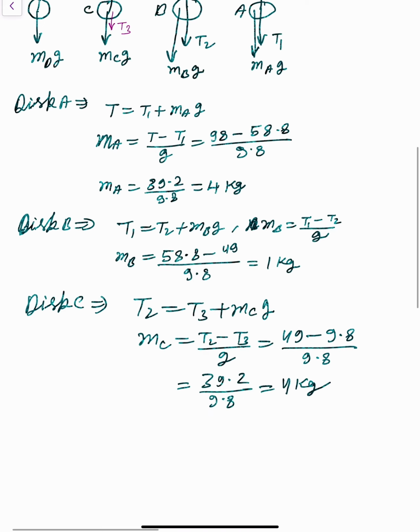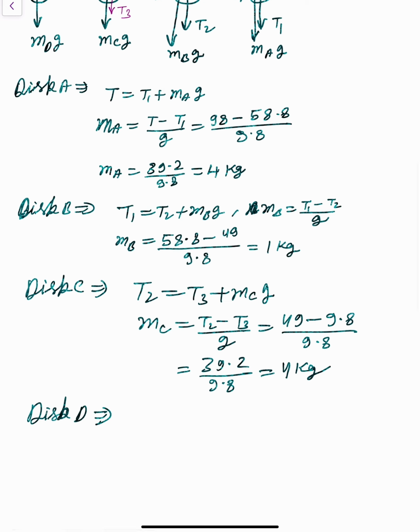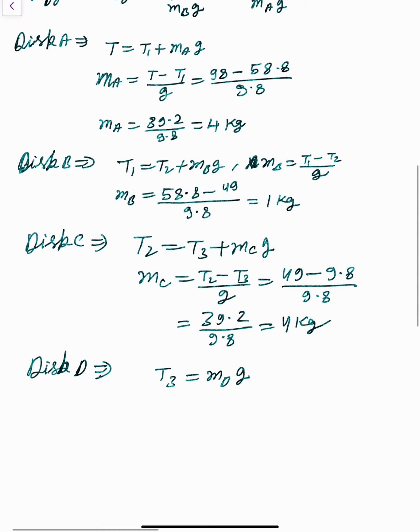After that, focus on disc D. Here T3 is equal to MD into G. So put that value.